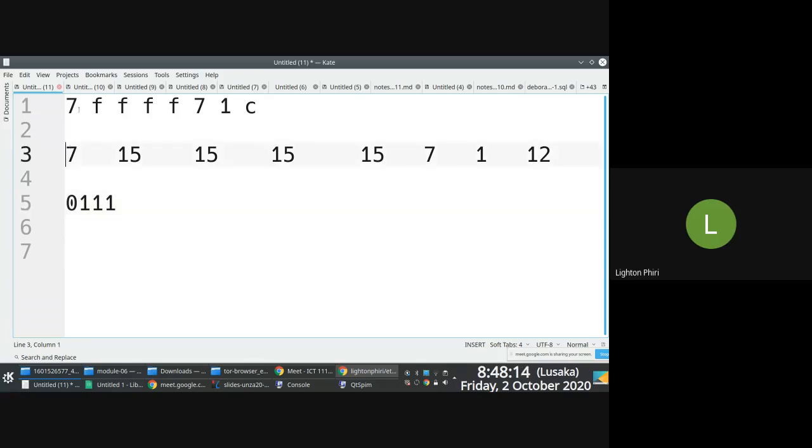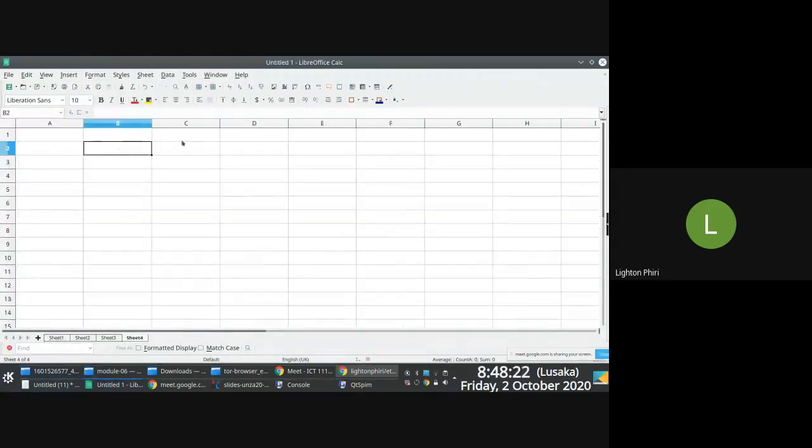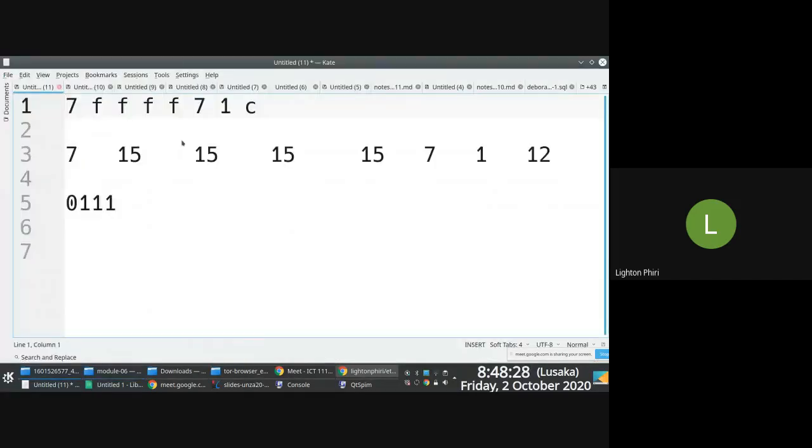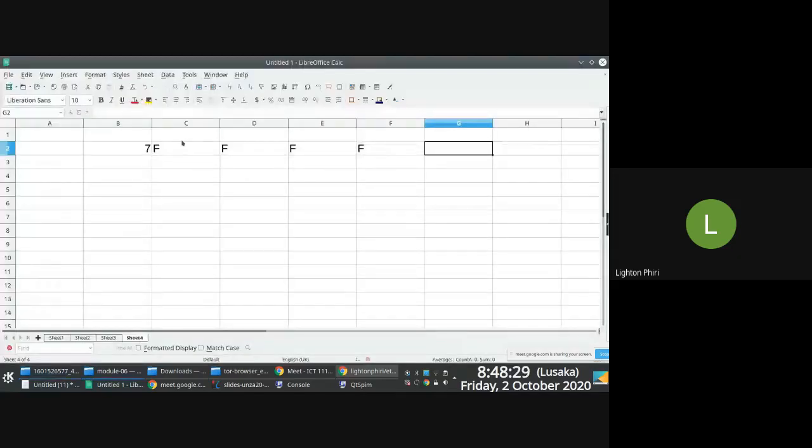How do you get to 15? Guys, I think it's going to be a lot easier if I put it in a spreadsheet. Spreadsheets are nice. So 7, 7, F, 1, 2, 3, 4, right? And then 7, 1C. Here's the thing, observe what's happening here.